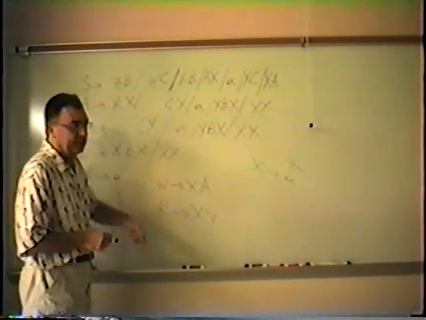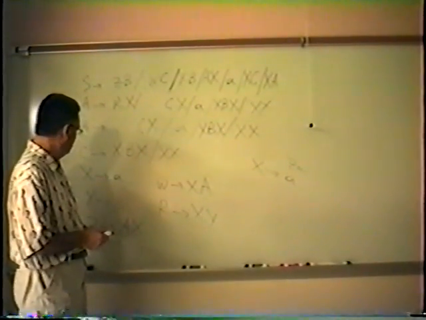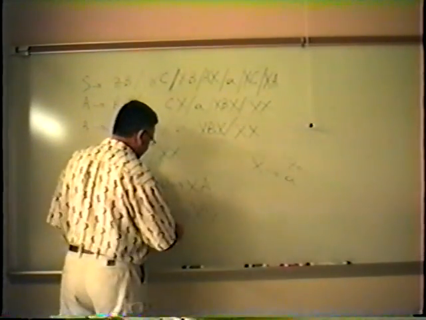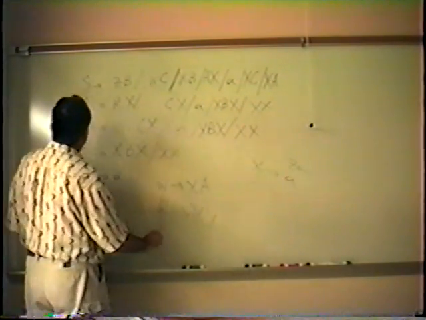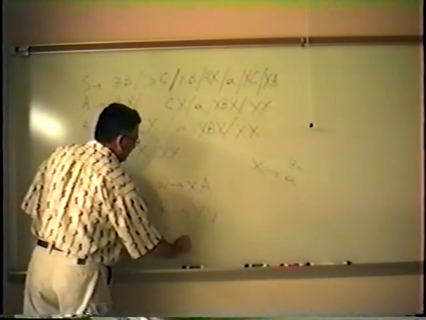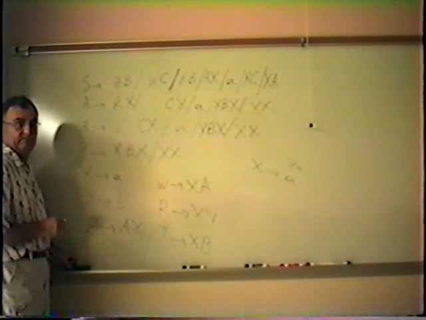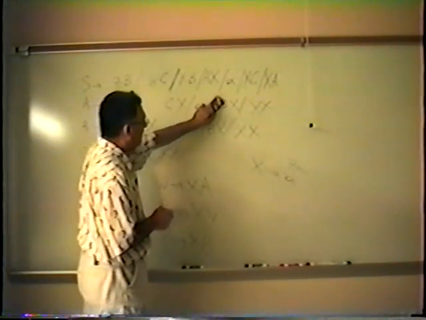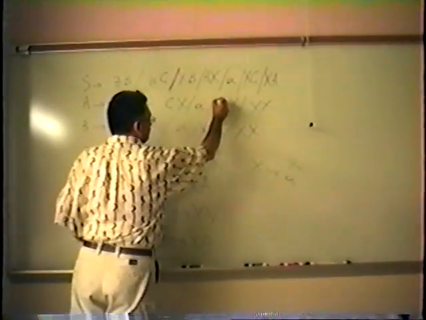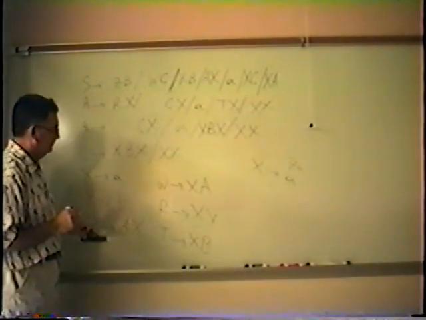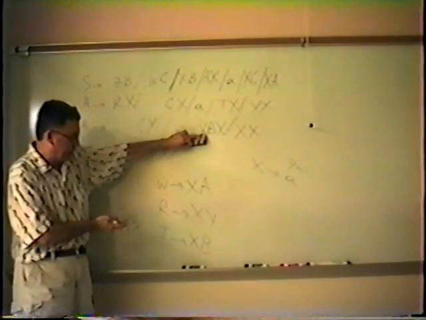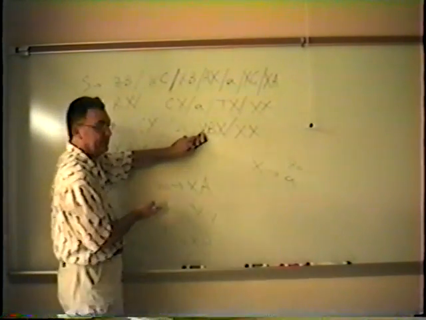Okay, but here you will make XB, which we don't have a T. B, sorry. T goes to XB, right? So this will become TX. Here I can use the T I introduced, so this becomes TX.